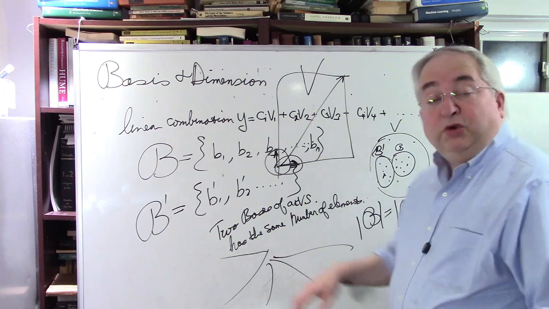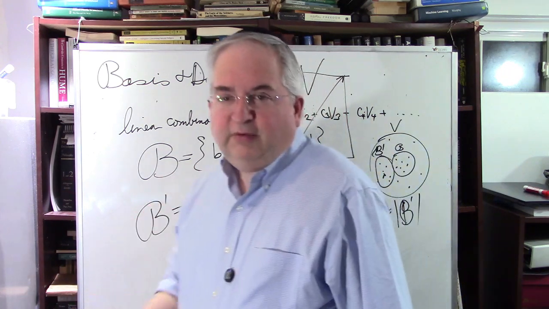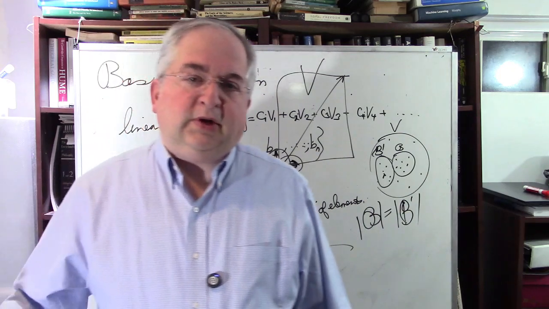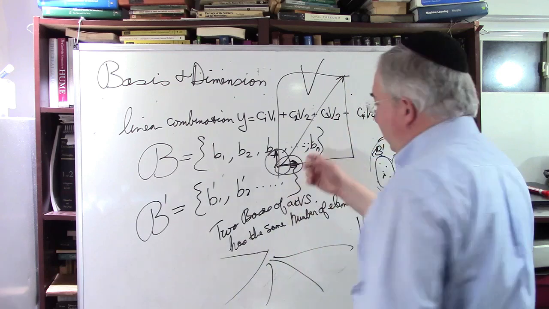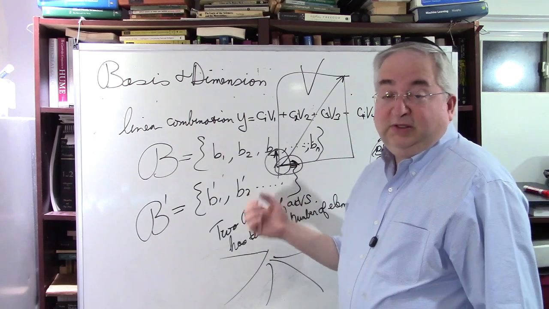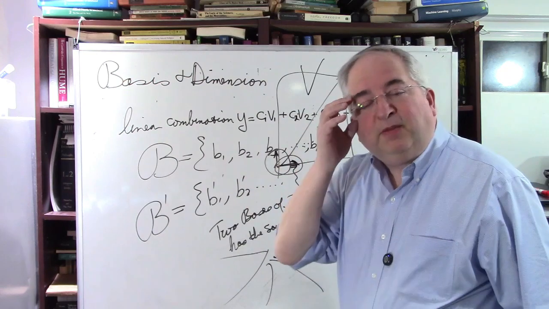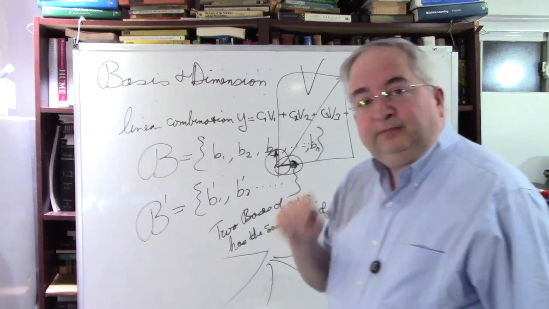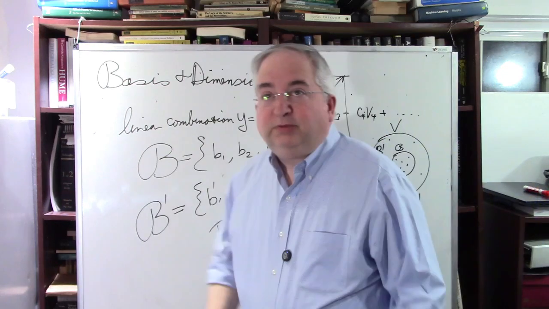They could also be countably infinite or uncountably infinite. We don't care. If they're finite, we say they have dimension n. You can say their dimension is the number of elements in the basis. So this whiteboard is a 2-dimensional space.